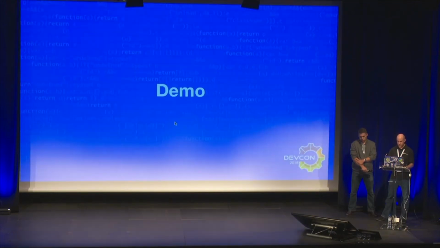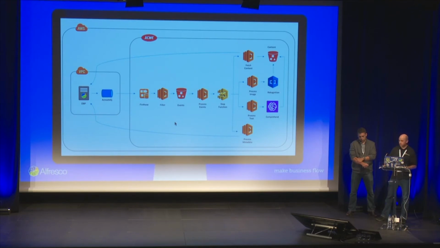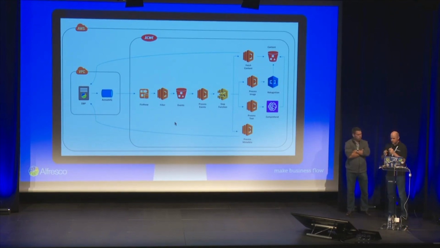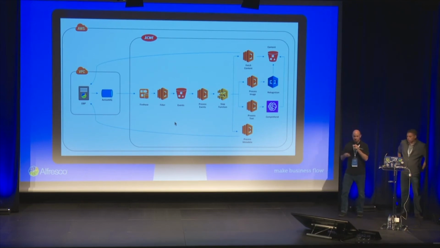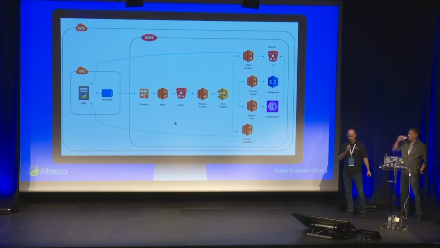Okay, let's go back to the safety of slides. So yeah, just put this in here again just to show the whole flow that we've gone through from end to end. So using this whole out of process extension approach, we've pushed stuff out to Amazon, and then round trip back updating Alfresco.